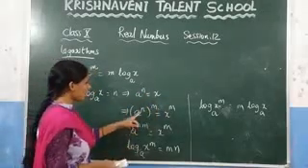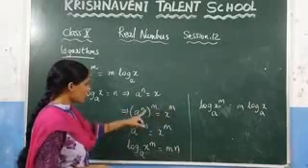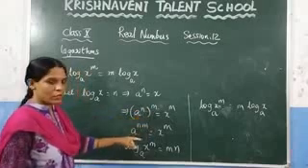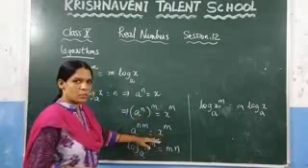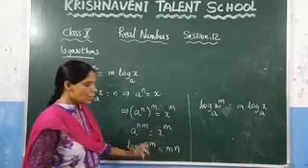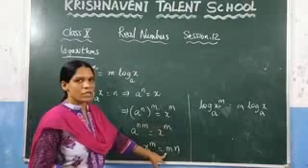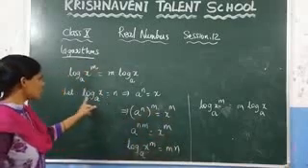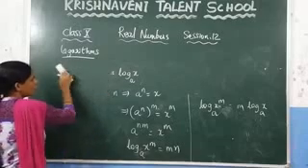So what you get here, a power n whole power m is equal to x power m, and you know that a power n whole power m is nothing but a power n into m. After that at this place we converted this exponential form into the logarithm form, and we got log x power m to the base a is equal to m into n, and what is the value of n here, it is nothing but log x to the base a. This is the next law of the logarithm.